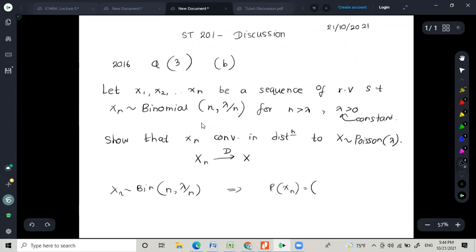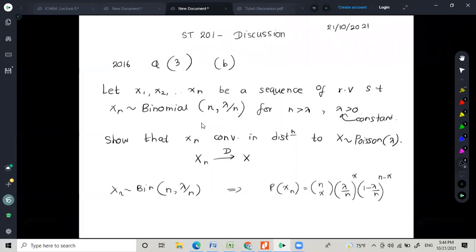The PMF is n choose x, probability of success lambda over n to the power x, then probability of failure, 1 minus lambda over n to the n minus x. This is the PMF of the binomial density. Now remember, these are discrete distributions. And then we have to show that it goes to Poisson.